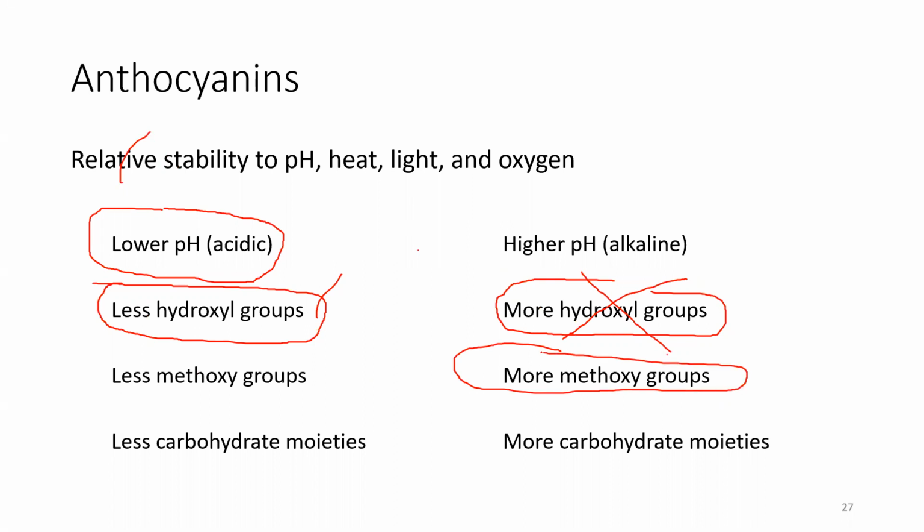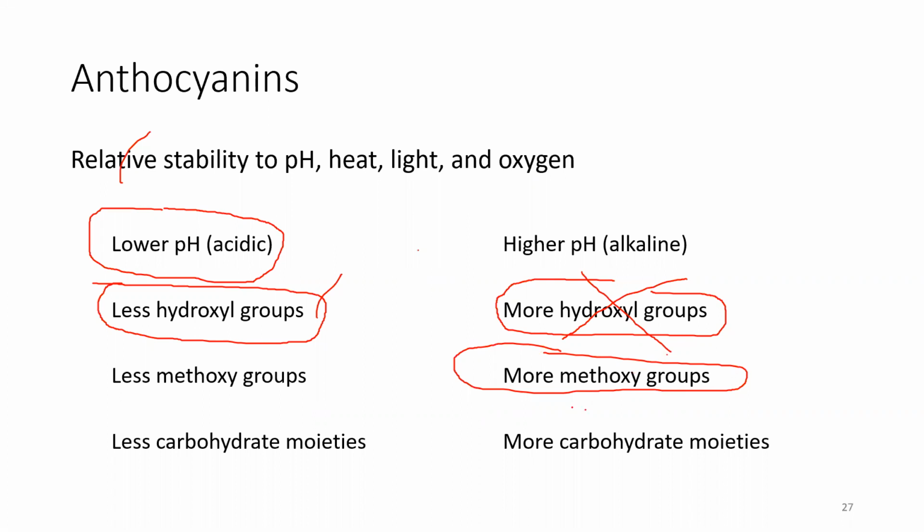Okay, and then last one, we can have no carbohydrates on there and have an anthocyanidin, or we can have lots of carbohydrates on there, three or four. So if we have lots of carbohydrates on there, is it going to be more or less stable, do you think? So that's good, if we think about hydroxyl groups being these reactive things, if we introduce sugars, perhaps they're more reactive.